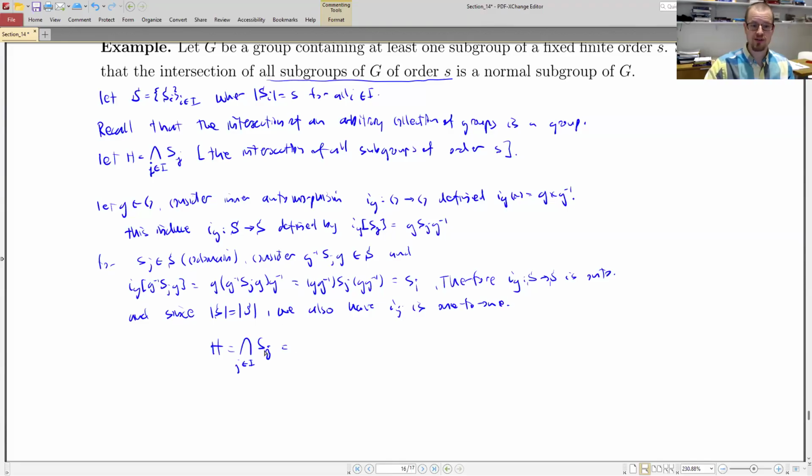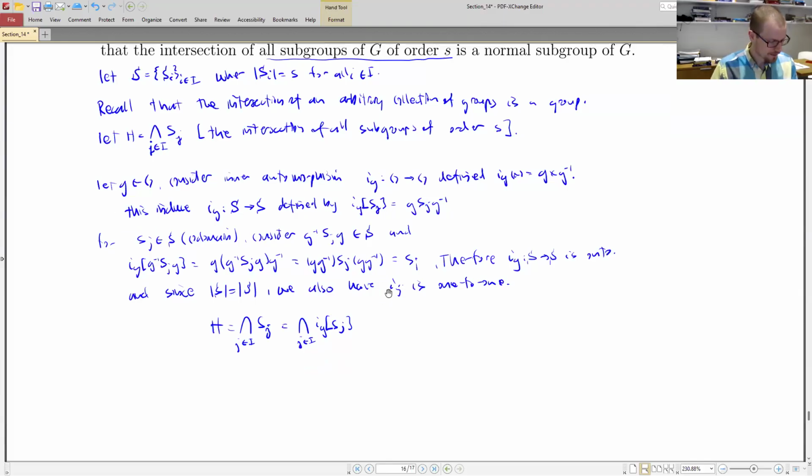So what I can actually do is recognize that this is the intersection over j belonging to I of the image I_g of S_j. This is why I wanted to not use I down here. This is equal to the intersection of all of those things.